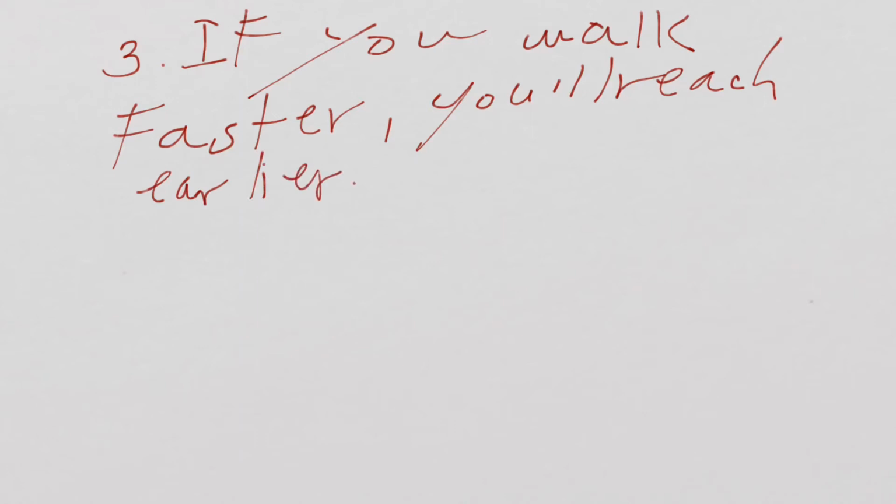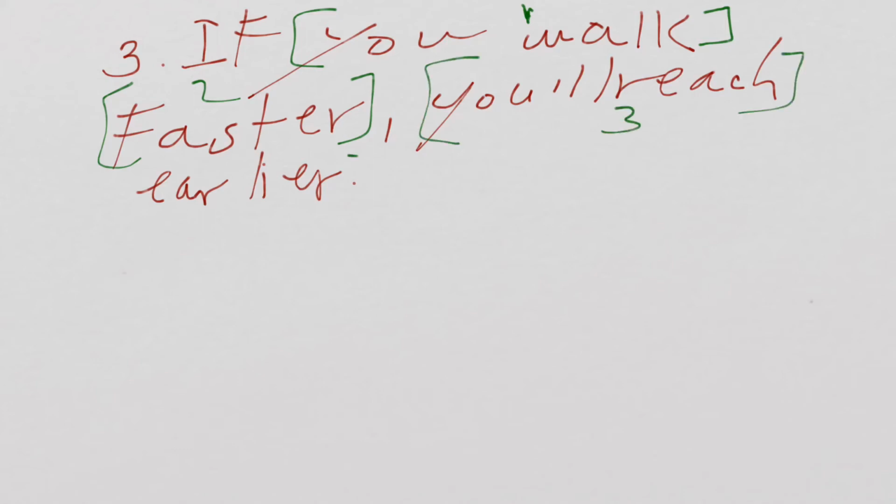See again here. You walk is 1, faster is 2, you will reach is 3, earlier is 4. Write it now all together.